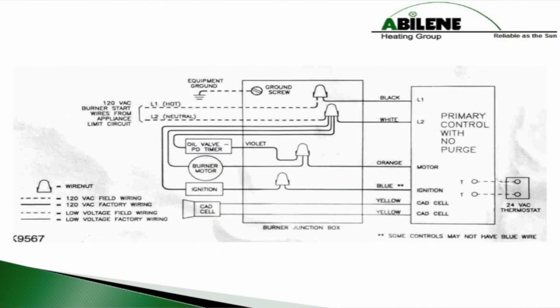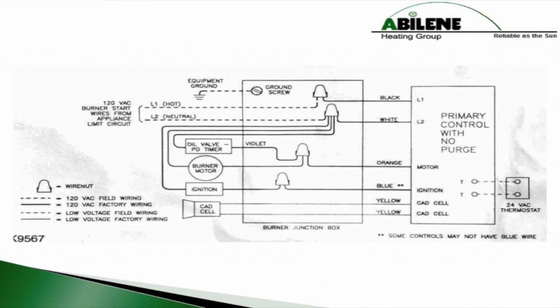We're going to look at this real simple. We see this all the time. This is a wiring diagram from a simple Carlin burner. 120 volts to start the appliance. When 120 volts is sent to this relay, it energizes the relay.